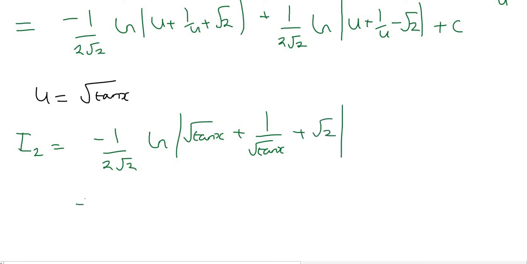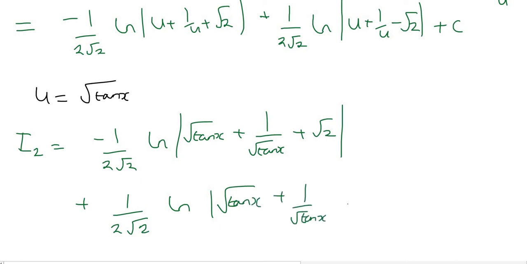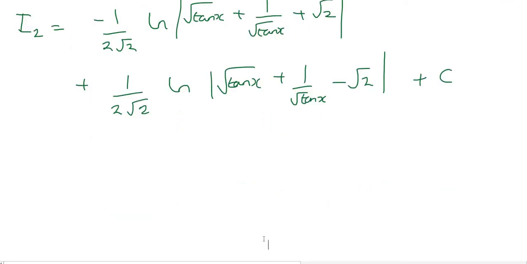And then I'll write it down here, plus 1 over 2 root 2, natural log of square root of tan x plus 1 over the square root of tan x minus root 2. And don't forget that plus C. So we've solved I2. Absolutely fantastic.